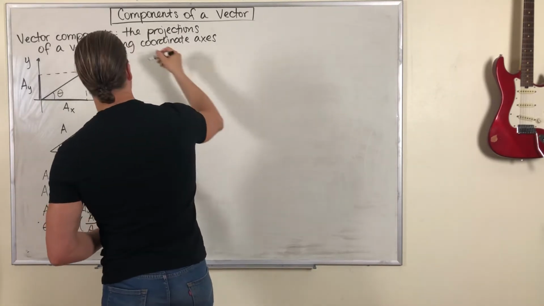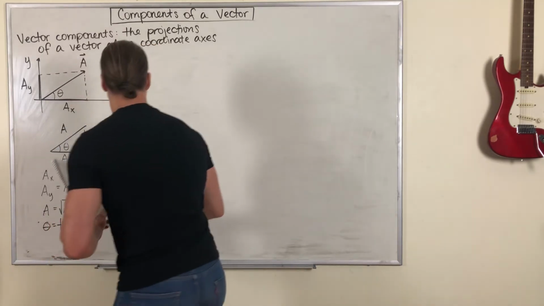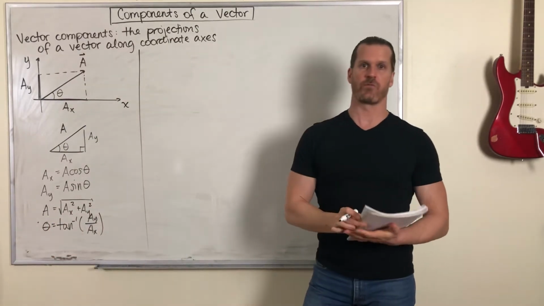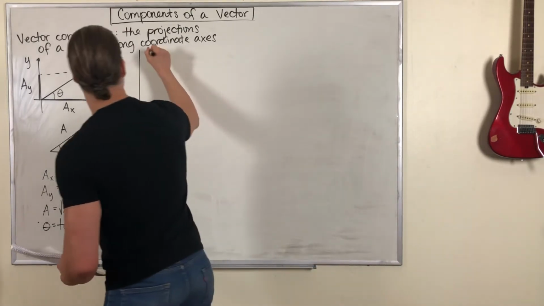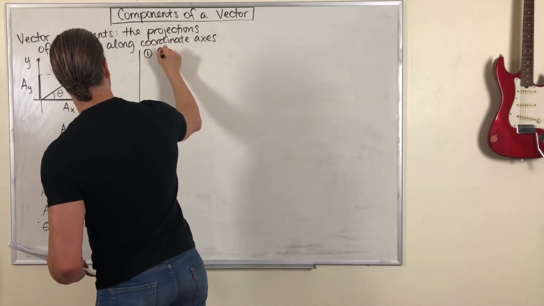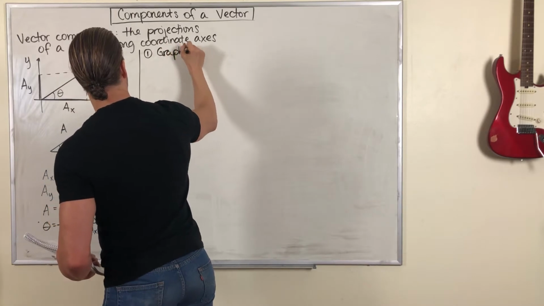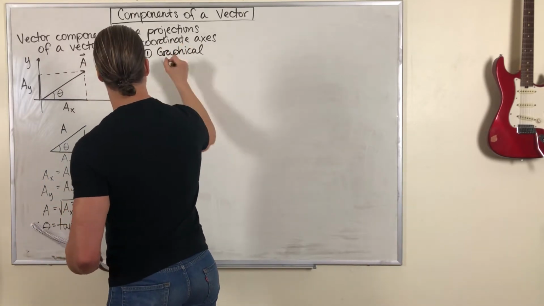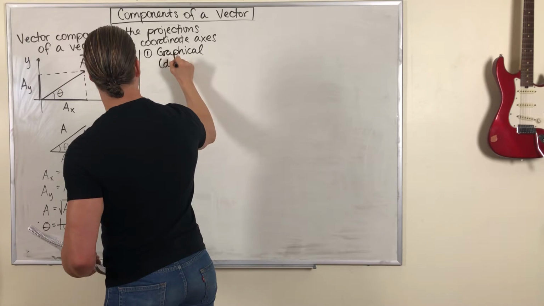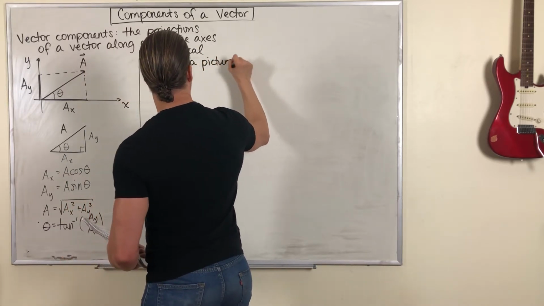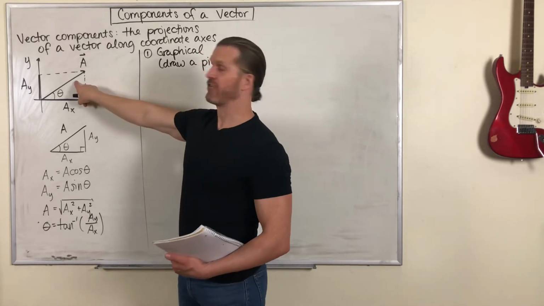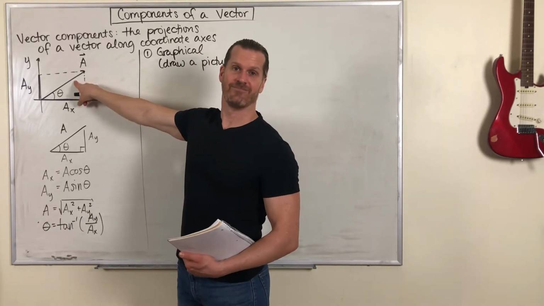All right, so now we can talk about those three representations of a vector. We've already learned about graphical representation. That's where you draw a picture. So this is the graphical representation of vector A, just that arrow.